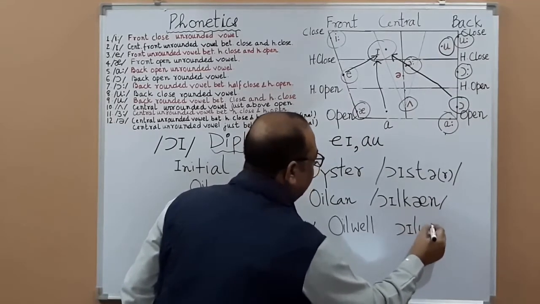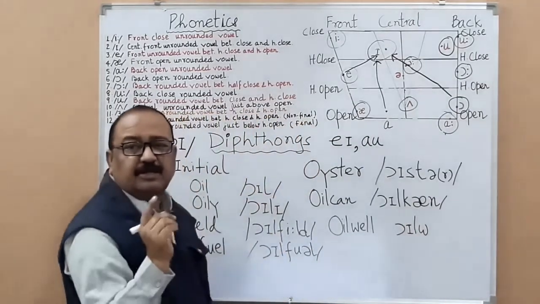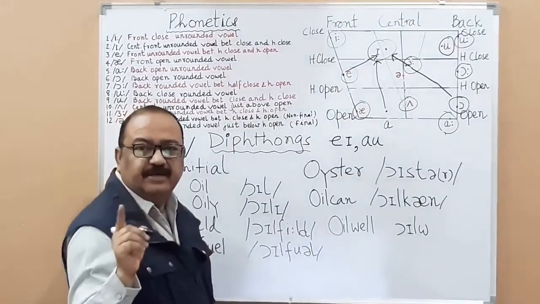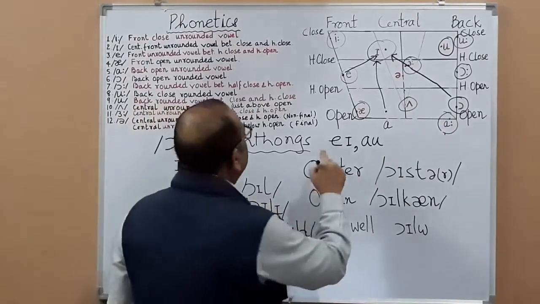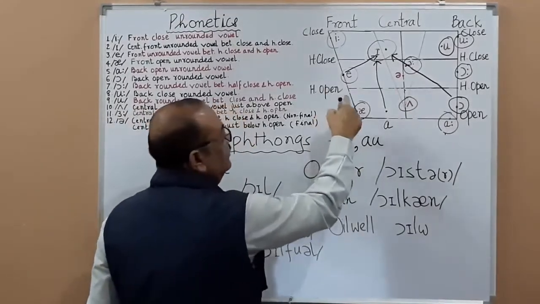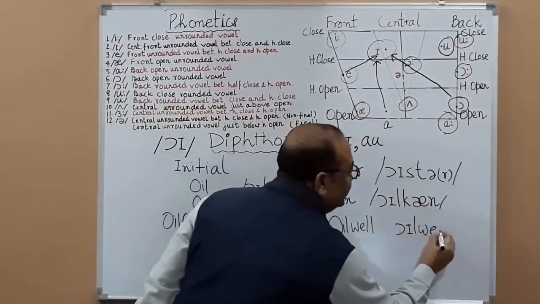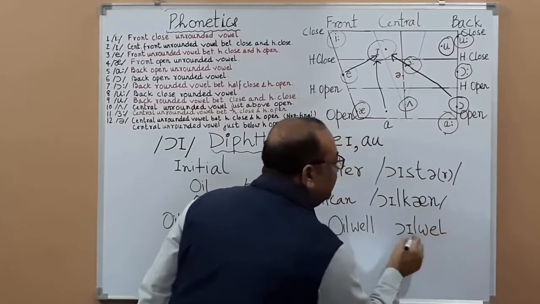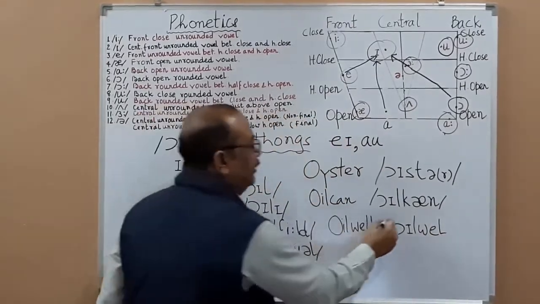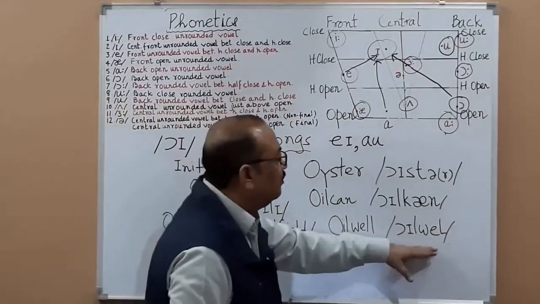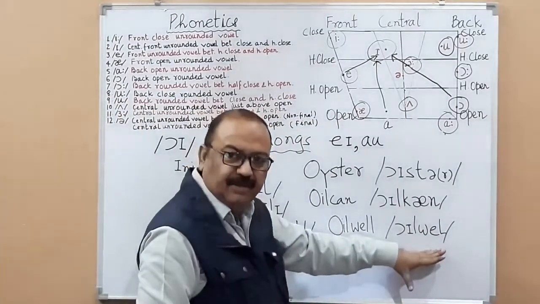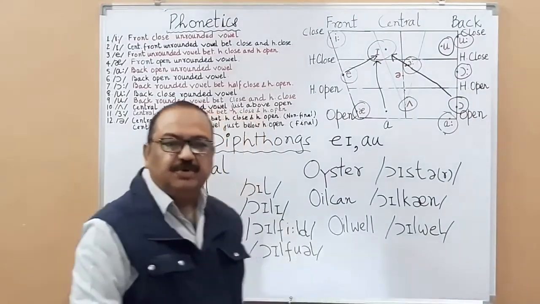So how will you write well? Tell me whether you will write a schwa there or an E sound there. E, good, because it is just the same. If you write schwa, then it will become a different word. That's why schwa is not required.